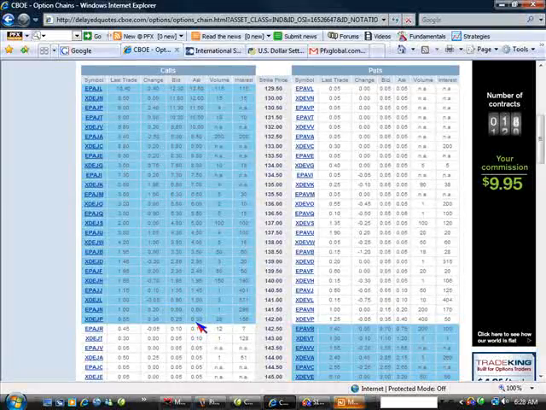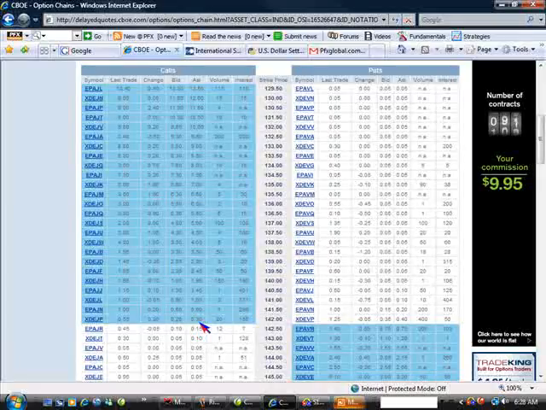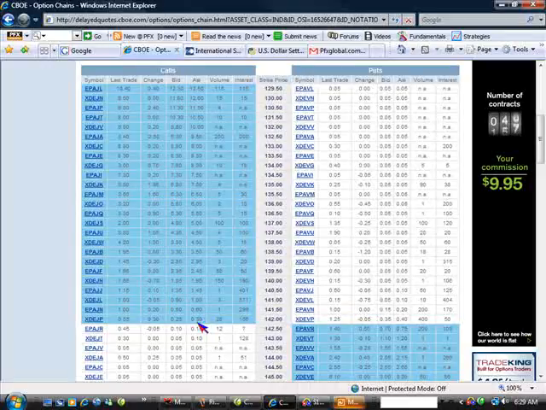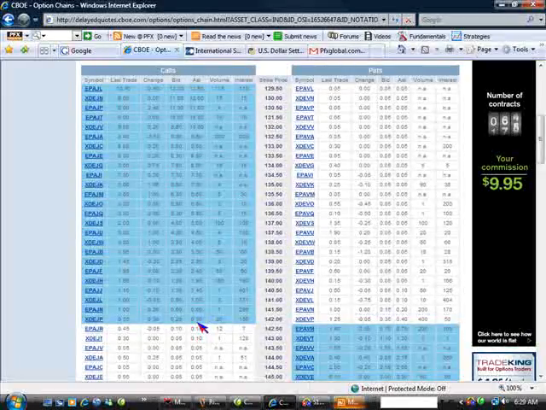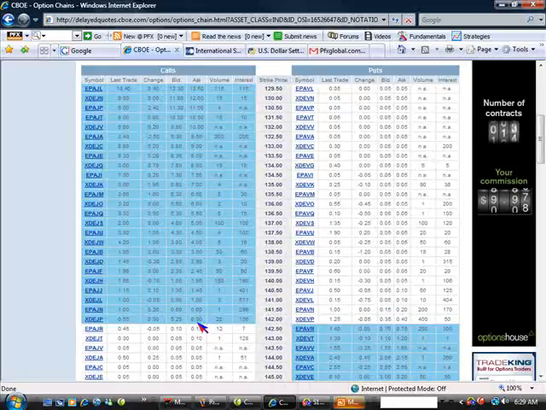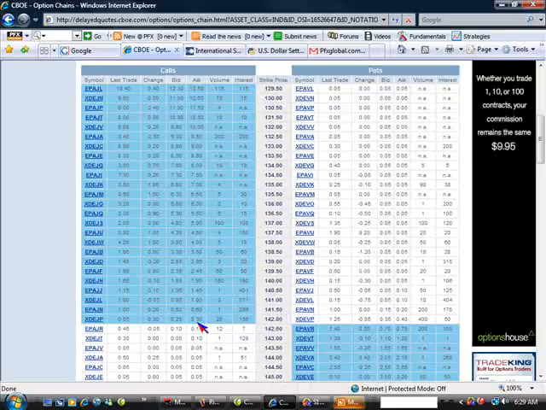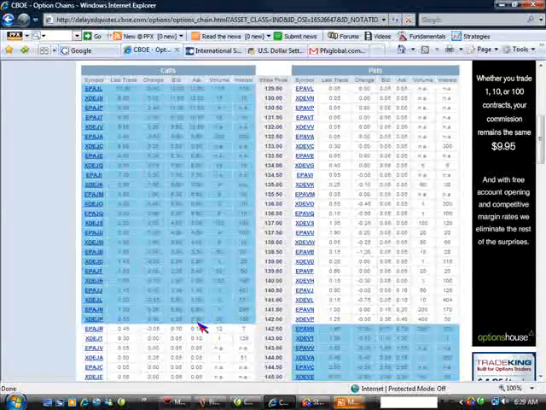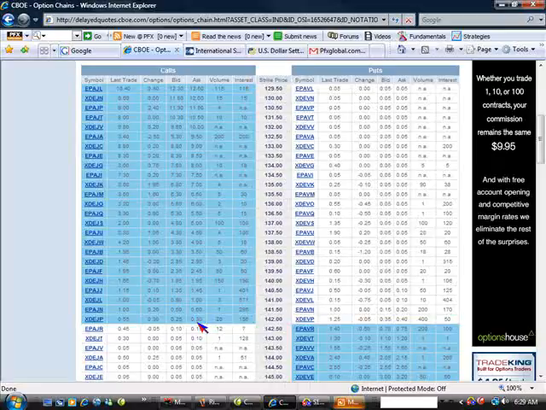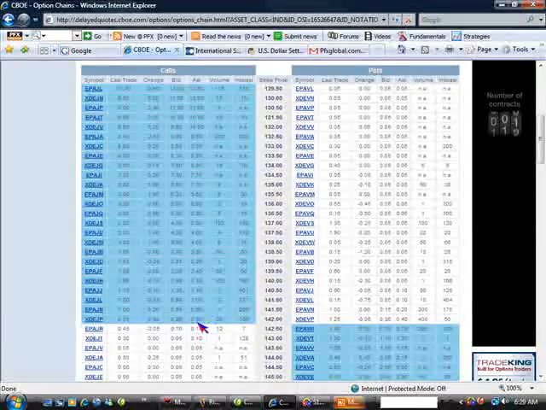Now in this case, the way that options are priced is you basically take the bid and the ask price and you times it by 100. So in this case, we'd be paying $30. That's how much this option contract would be worth. And here's something that you might want to make a note of. Option contracts have an underlying value, just like a spot contract does. So if you were trading one mini lot in the Forex, that basically equals $10,000 of underlying value, right?